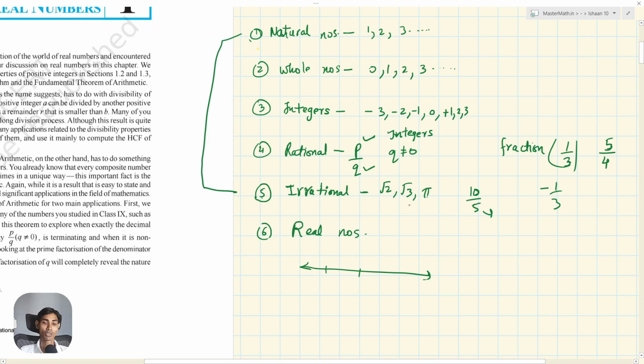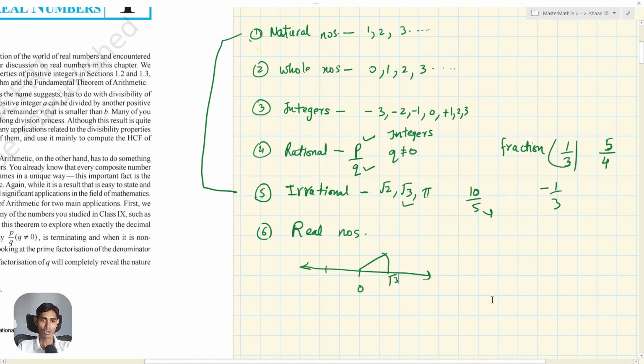Can you represent root 3? I think yes. Last year in ninth class we studied it, using the compass, we could take a triangle side, so it can be root 3 somewhere.